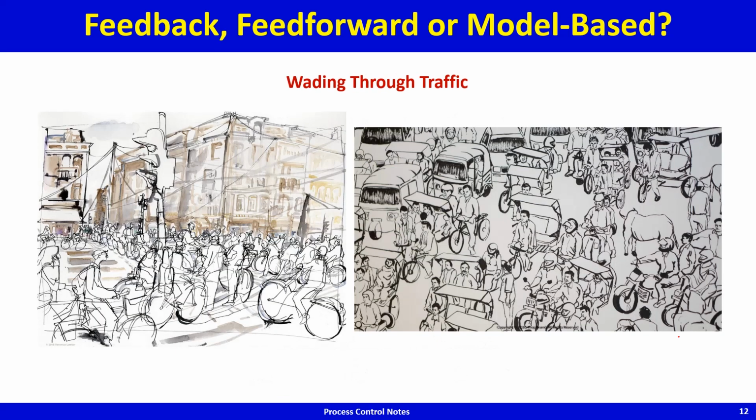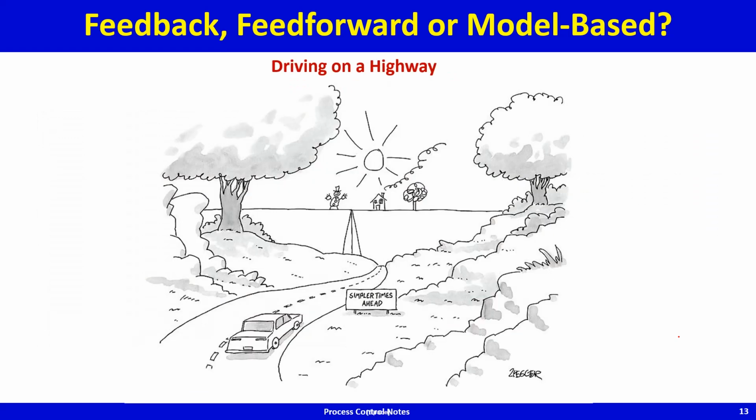Wading through traffic, is it feedback, feed forward, or model based? The objective being you don't bump into each other, you don't hit another vehicle or person while going in the direction in which you want to go. Is it feedback, feed forward, or model based? Driving on a highway, feedback, feed forward, or model based?